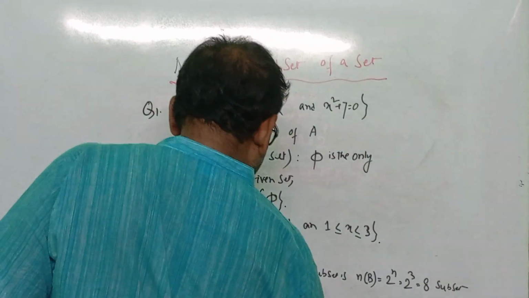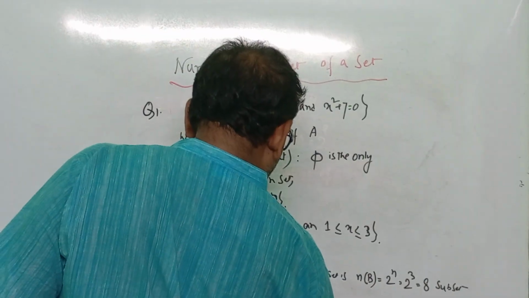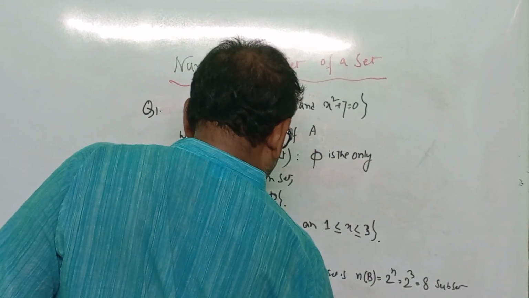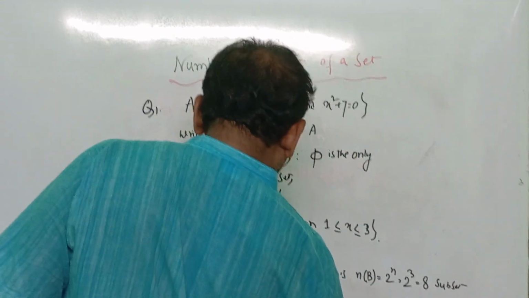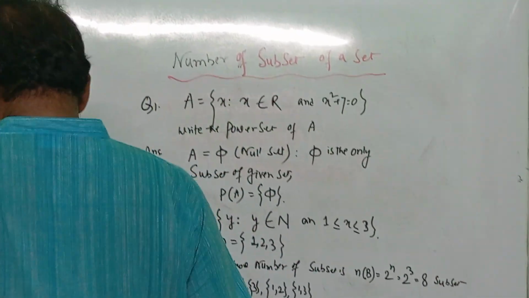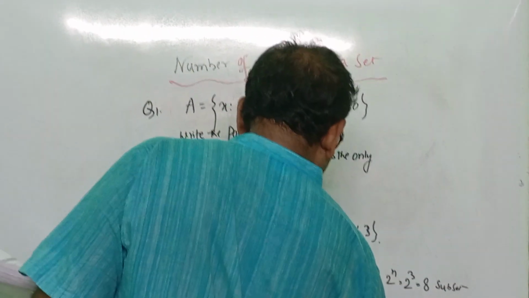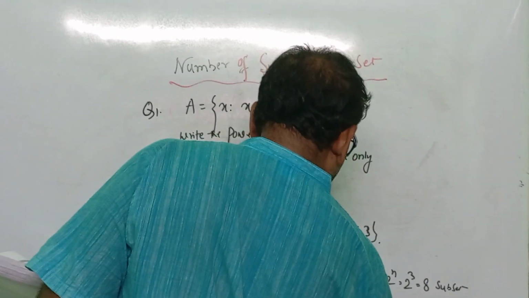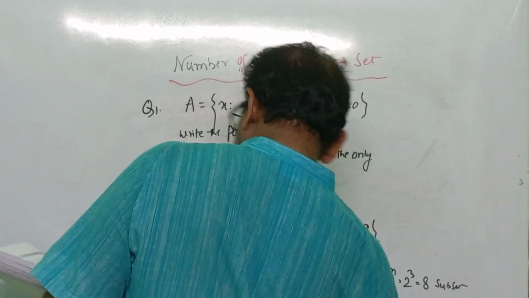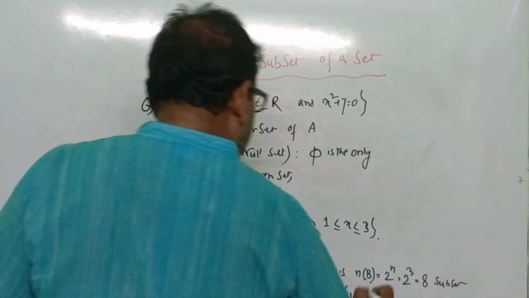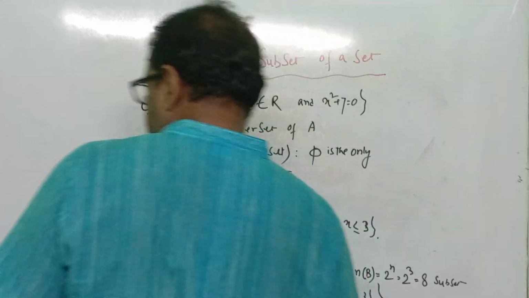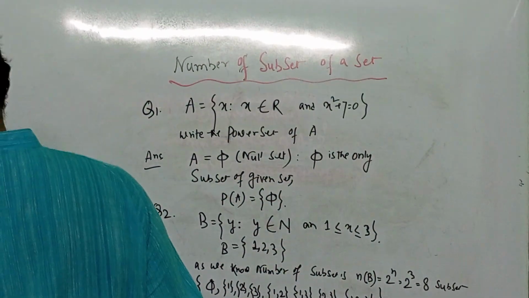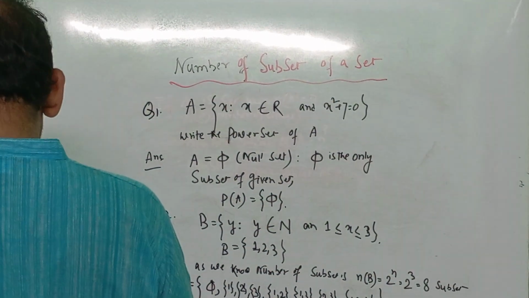Then 1 comma 2, 1 comma 3, then 2 comma 3, and then 1 comma 2 comma 3. Okay, these are all the subsets.